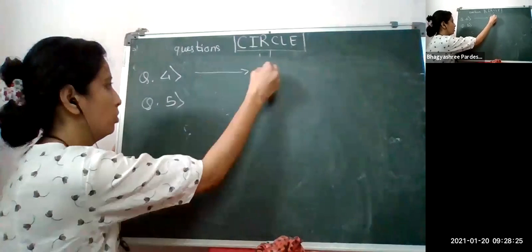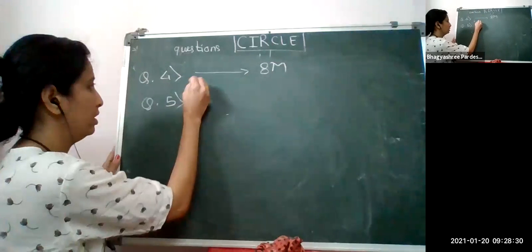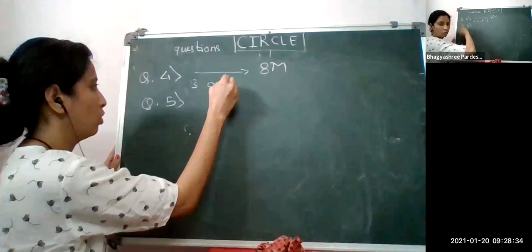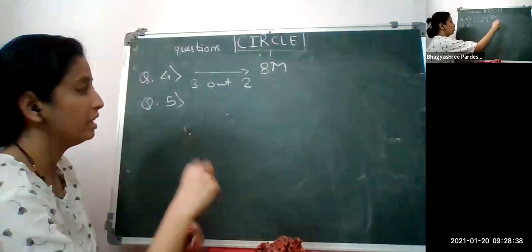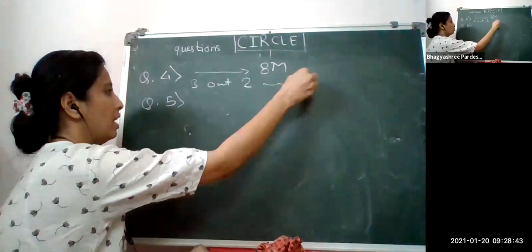But question number 4 is for 8 marks. Three questions are given, and we have to solve two out of three, each carrying 4 marks. And question number 5 is just for 3 marks.